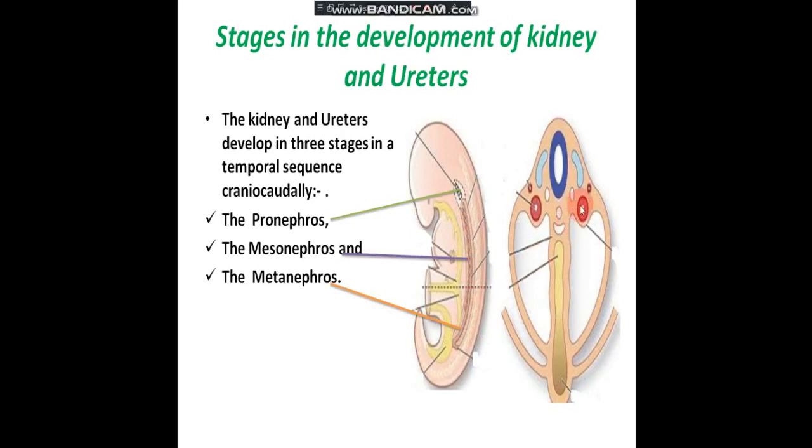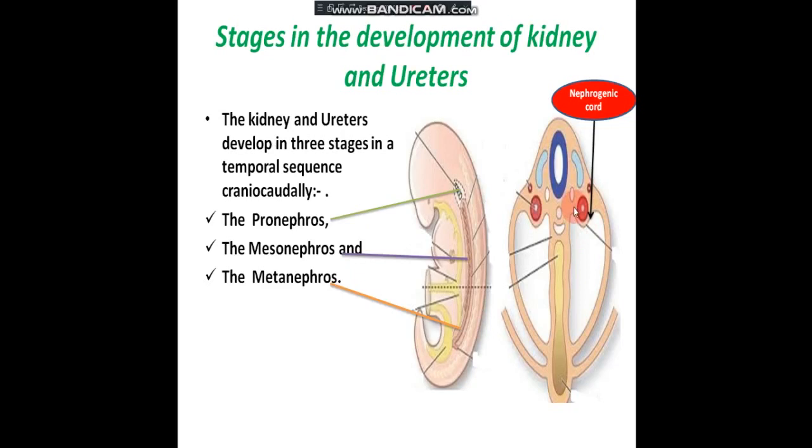And here what we can see is the transverse section. This is the gut, and on either side we have the mesentery. On either side of the mesentery, on the posterior wall of the coelom, we have the developing mesonephros, which raises a bulge into the coelomic cavity. This forms the nephrogenic cord.